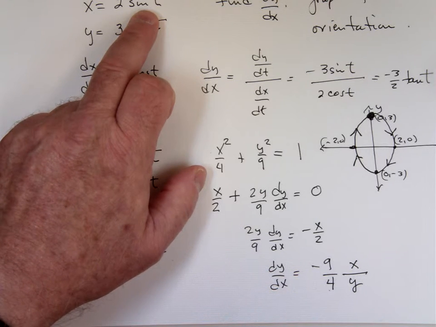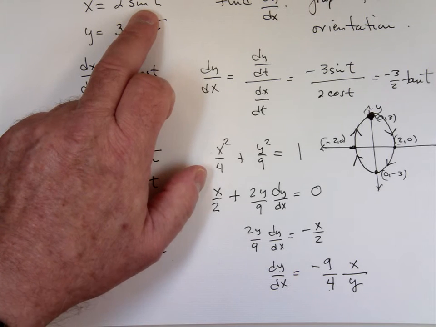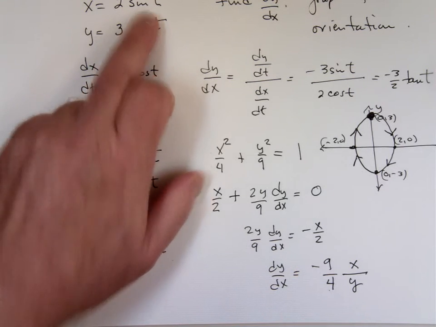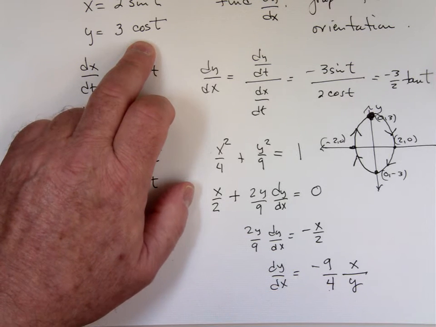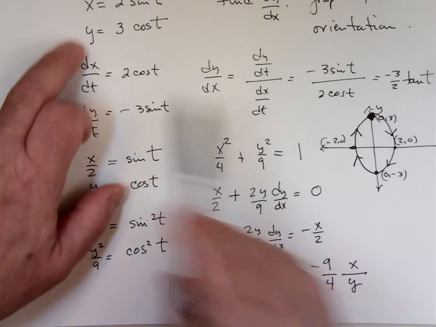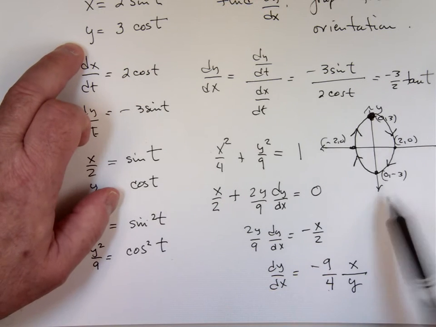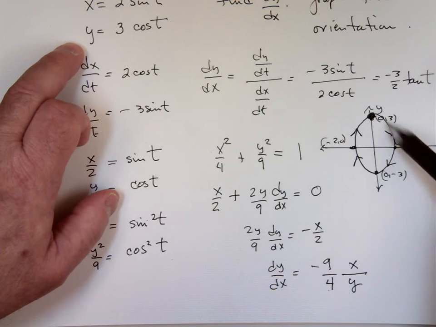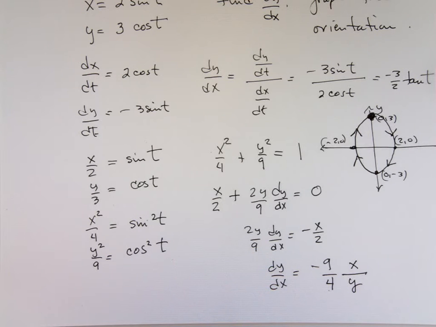But generally speaking, if t increases, sine increases. Think of the sine curve. It increases. Cosine decreases as you increase t. So x will increase, move to the right. Y will decrease, move down. As you move to the right and down, it goes around the ellipse this way, with that clockwise orientation.